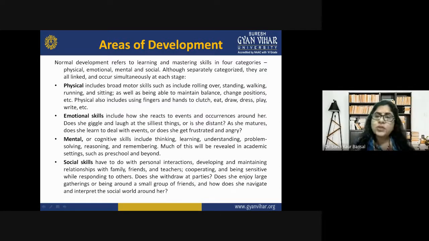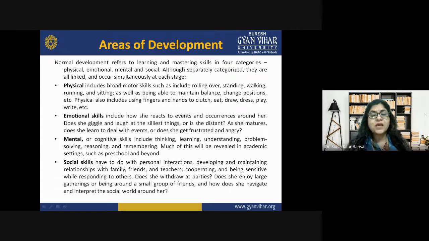Is he able to think in a logical way? Is he learning? Is he understanding the concepts you are teaching him? This is how it shows the mental development of the child. It is very important for all of us to understand how this mental level should be enhanced, or shaped up in a proper way.